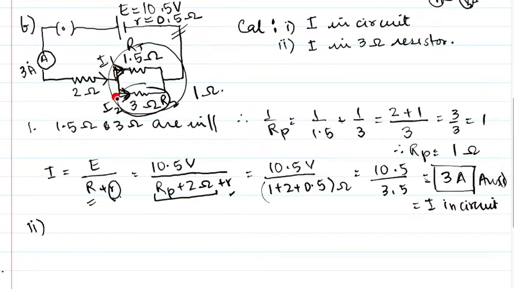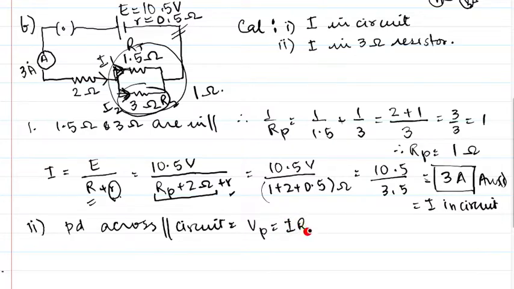So in order to find I1 and I2, we will first need the PD across the parallel circuit is going to be equal to Vp, which is going to be I Rp. The current in the circuit is 3 ampere, which we already got over here, and multiplied by Rp, which is 1 ohm here. So that becomes our 3 volt.